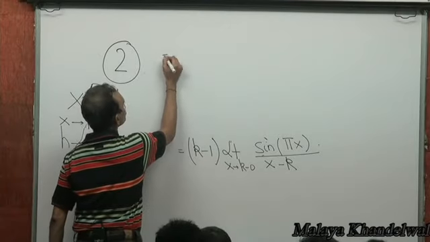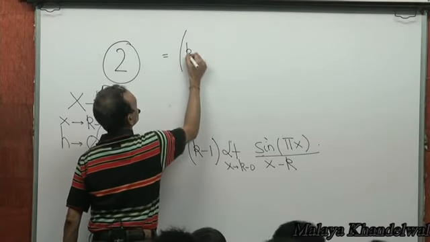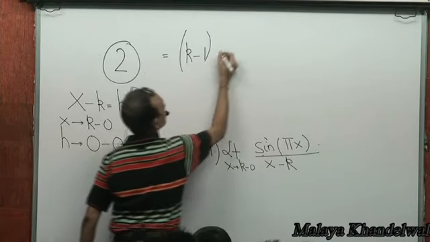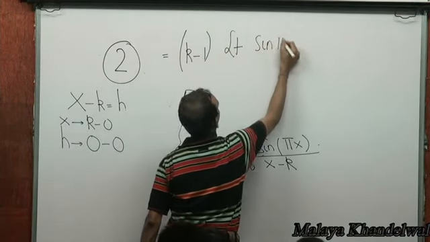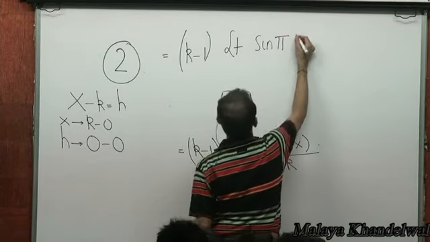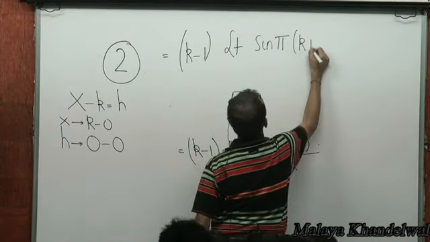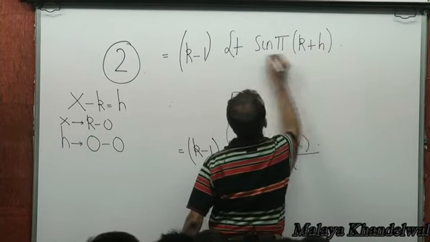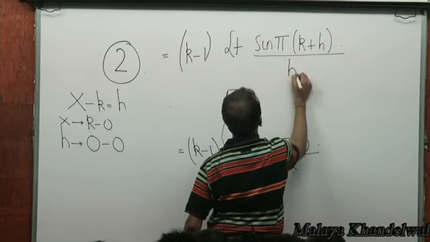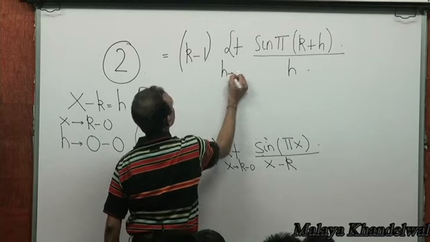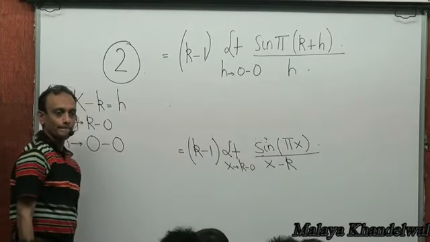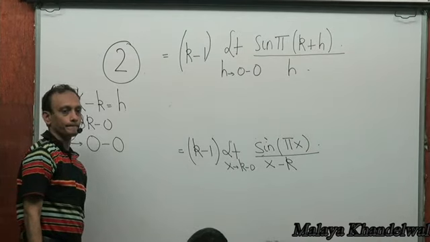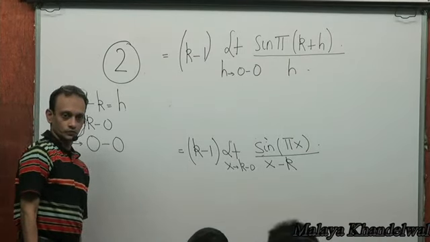This then would reduce to k minus 1 limit sine pi x, x is k plus h, by h as h tends to 0 from the less than 0 side. Yes or no?